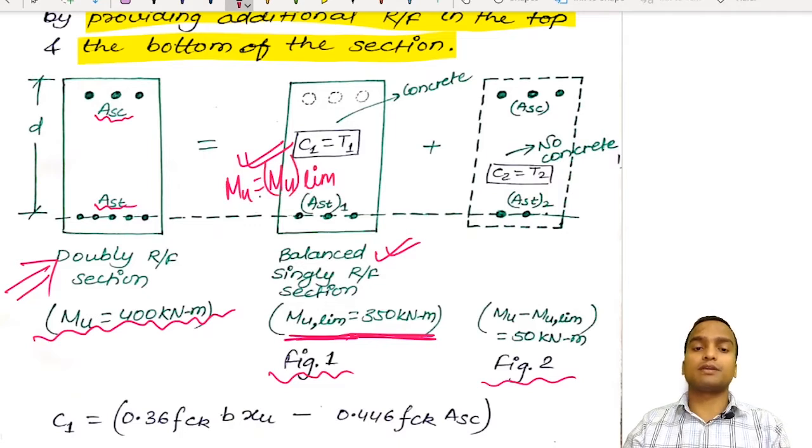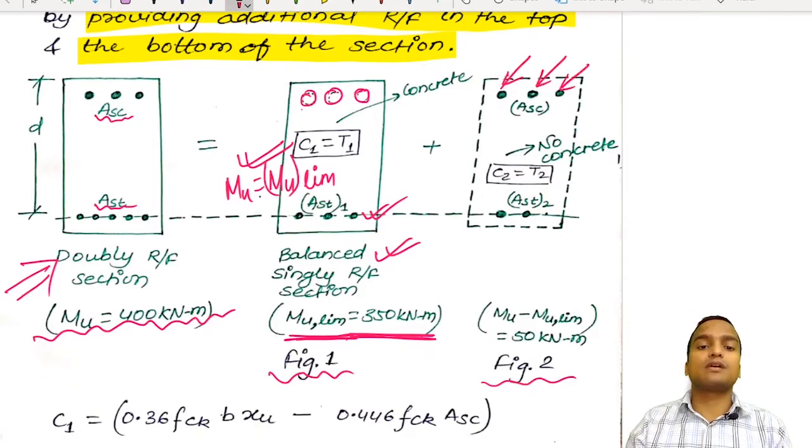We have provided steel at the bottom, but we have also provided a few holes at the top, which has been discussed to you. Why is this left? Just to accommodate these compressive steel bars. Now in figure 1, compressive force is C1 and tensile force is T1, and by equilibrium of forces C1 is equal to T1.